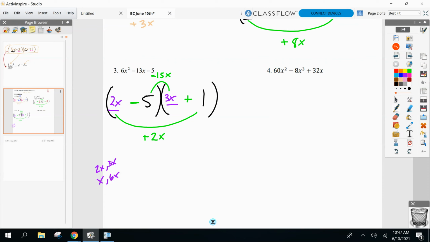Can we put them in order, please? And yeah, nice work. There is a GCF. There's a decent GCF there too. 8, 60, 32. It's not 2. Something bigger than 2, kids.